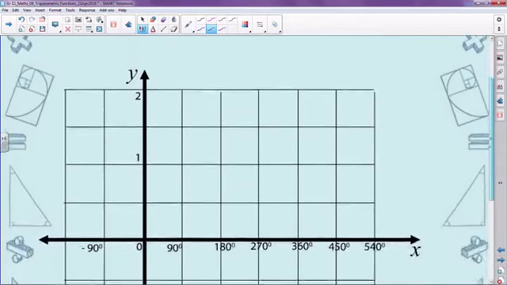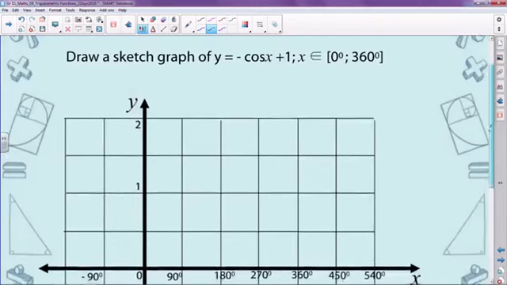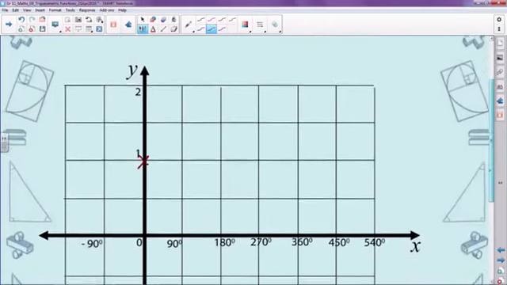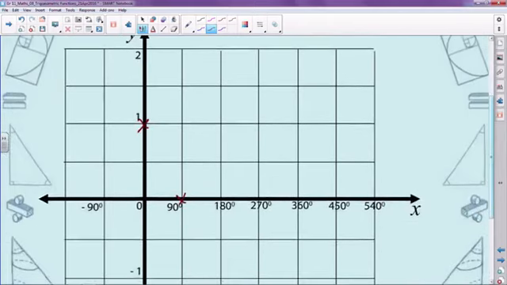Right, 1 unit up. Just checking again, your graph was 0 and 1, 90 degrees and 0, and then 180 and minus 1, and then this, and then up to there. So this was your normal graph, okay?